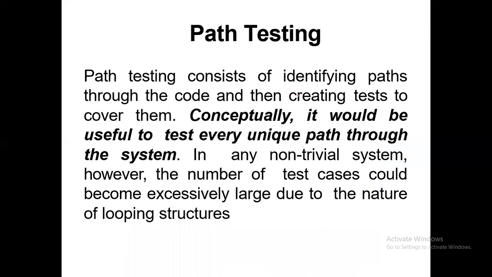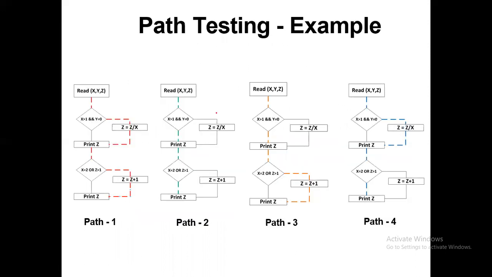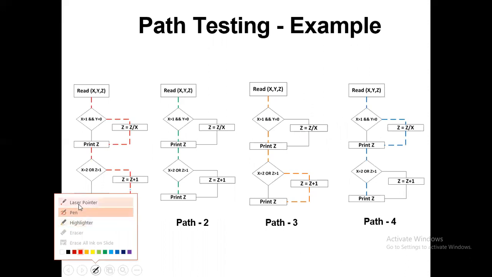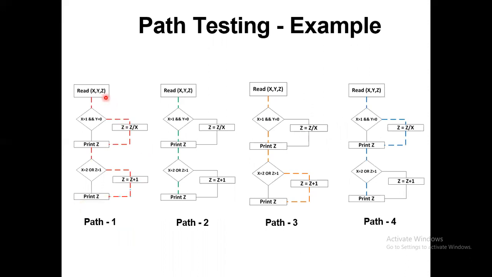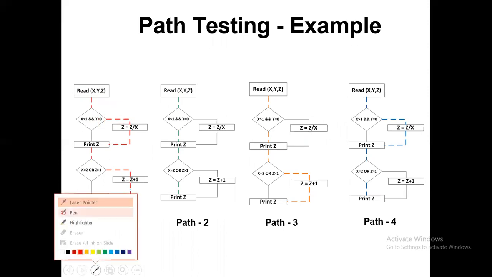Then we have the path testing. So the path testing is a somewhat tricky one, right? So we have to go for each and every path. So let's discuss. You can see if we have two different conditions with us for our program, we can have four different paths, right? I can write it for you here.